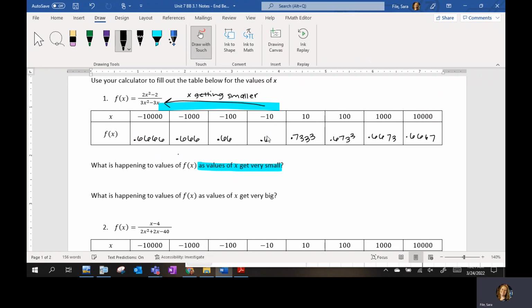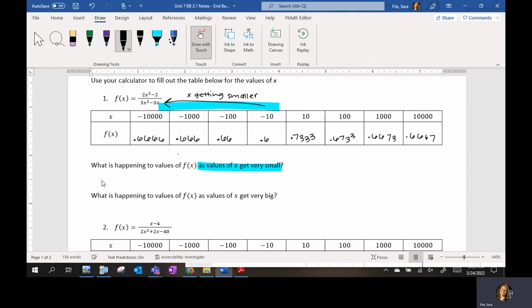Okay, so we start here, we're starting in the middle, and we're going to look left. So what's happening to these numbers as we go more and more left? It is increasing incrementally, but is it increasing to a specific number? What is 0.6 repeating? 2/3. So doesn't it seem that these are just getting closer and closer to 2/3?